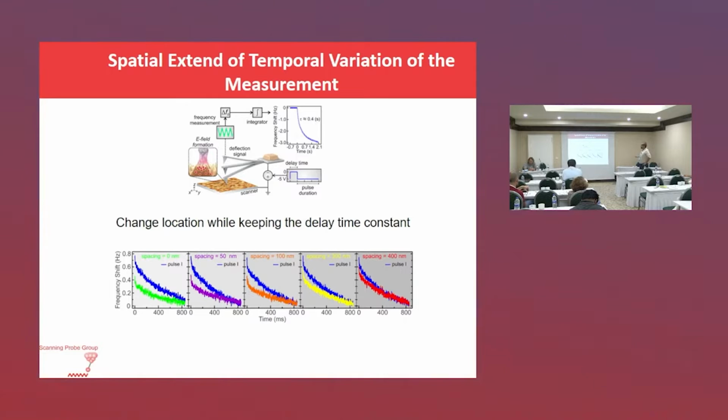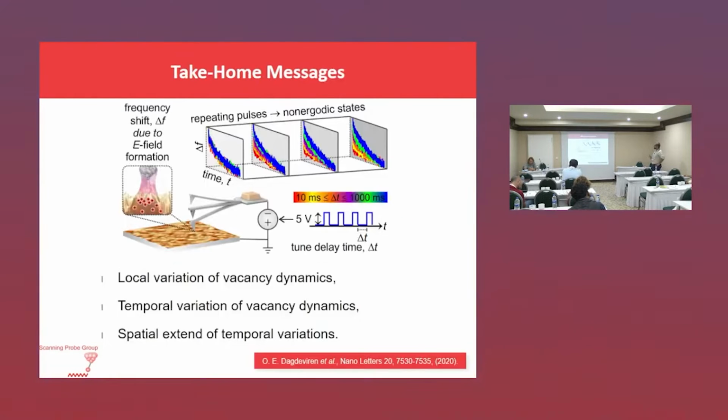So when we increased the spacing between two different spots, we observed that these time-dependent and history-dependent properties have an extent of up to 400 nanometers in the lateral direction, and the previous pulses affect a region with a radius of 400 nanometers.